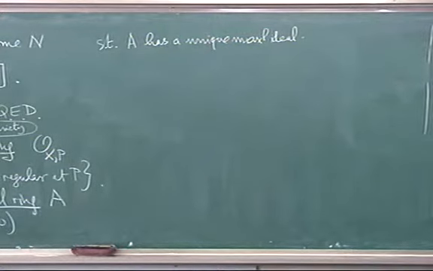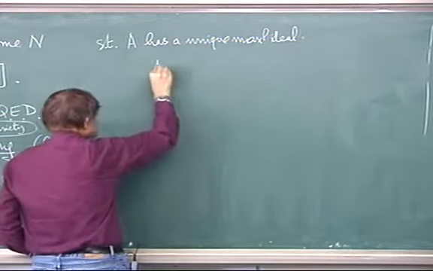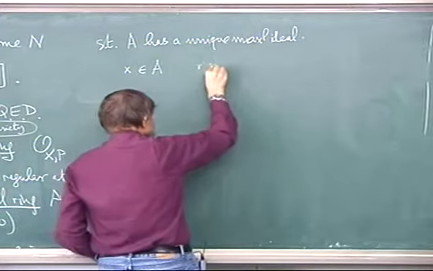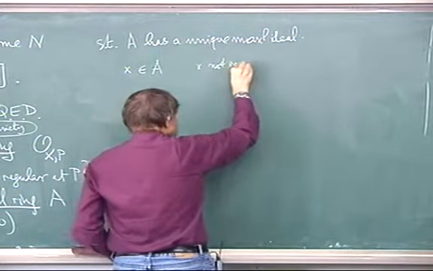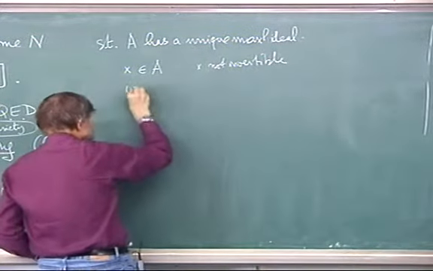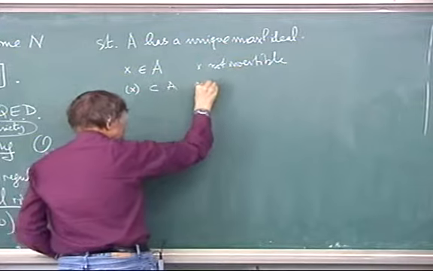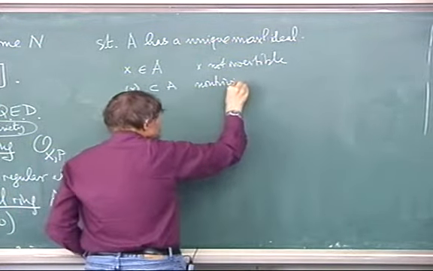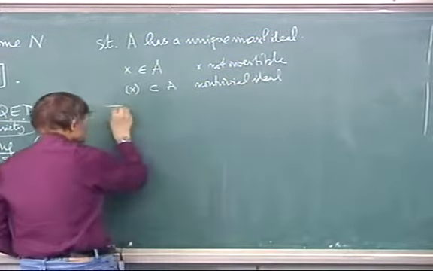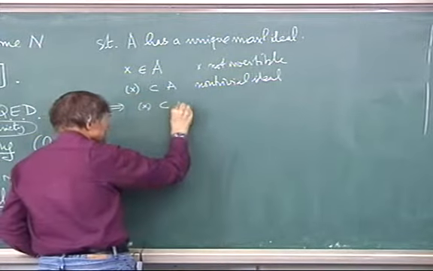Let's think about this in general. If I take A and an element x in A, if x is not invertible, it means that (x) is a non-trivial ideal, and therefore x is contained in a maximal ideal.